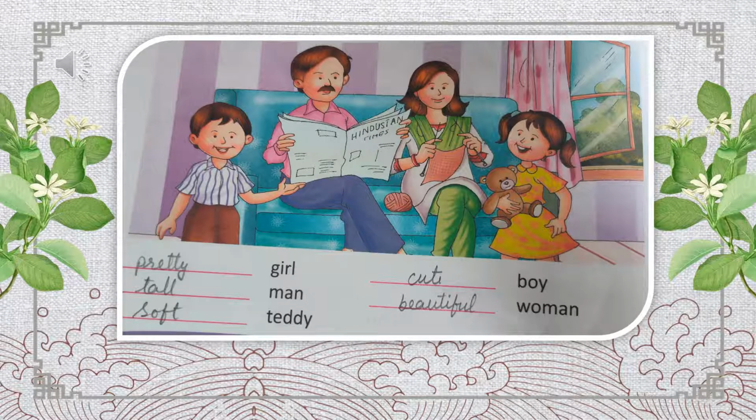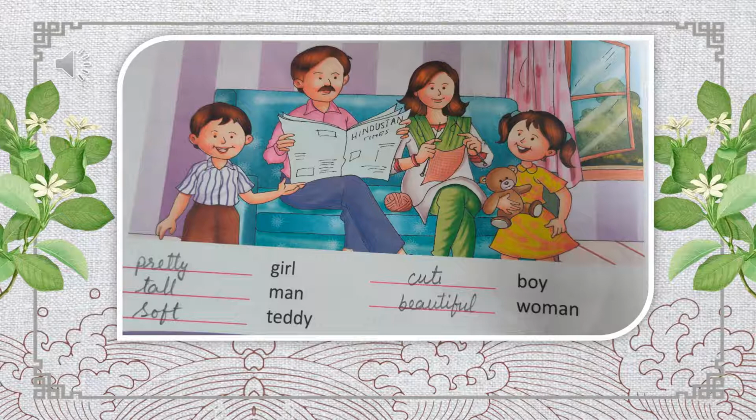Pretty girl or small girl or beautiful girl or cute girl or intelligent girl or happy girl. Any word we can use. Man. I have written tall man or a smart man or a well-educated man.